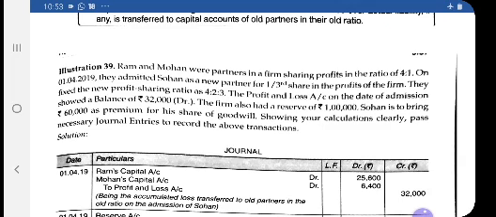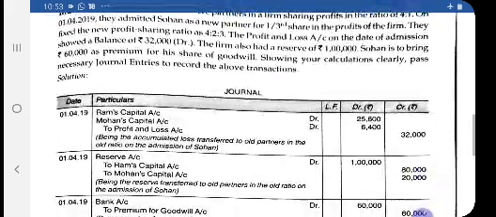So this is the pattern of questions that may be asked in the board exam also. So see what entries were passed. Loss is debited to old partners' capital accounts in their old ratio. So the first entry is Ram's capital account debit, Mohan's capital account debit to profit and loss account, that is 32,000 in the 4:1 ratio. 25,600 is debited to Ram's account and 6,400 is debited to Mohan's account.